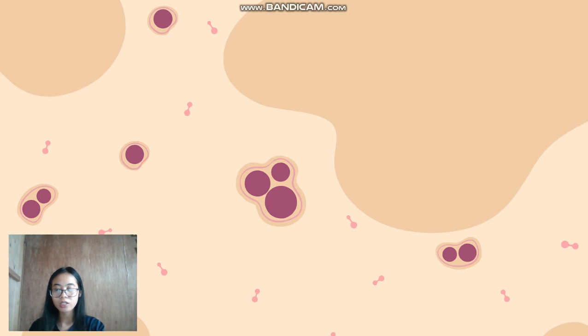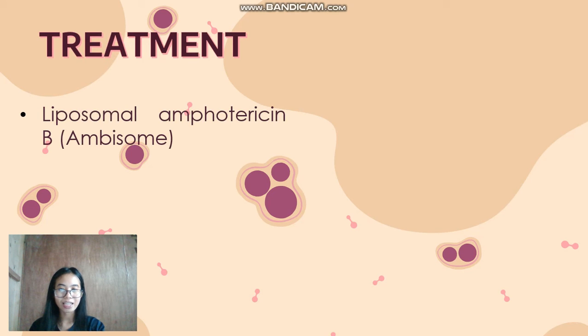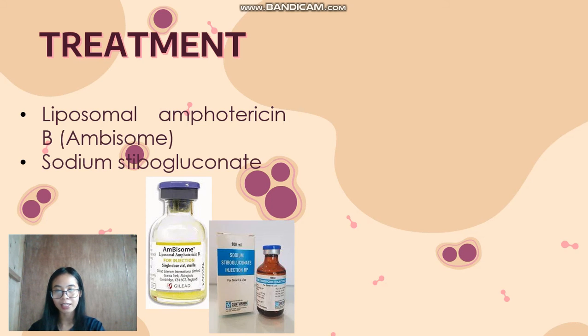For treatment, the presently recommended drug of choice is liposomal amphotericin B and also sodium stibogluconate can be used. Other patients have had favorable responses to gamma interferon in combination with pentavalent antimony.